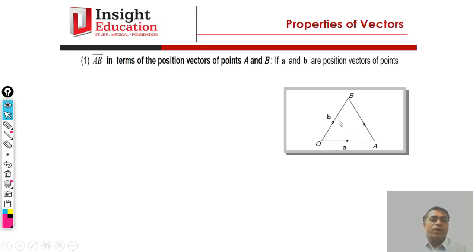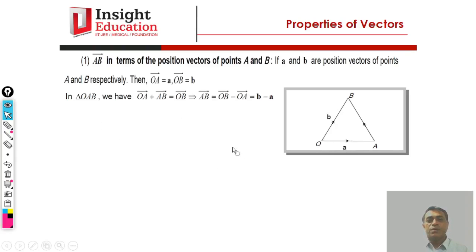So now to find out AB, use triangular law of vector addition. So I can say OA plus AB is equal to OB. So AB is equal to OB minus OA, or I can write B minus A. So simple.